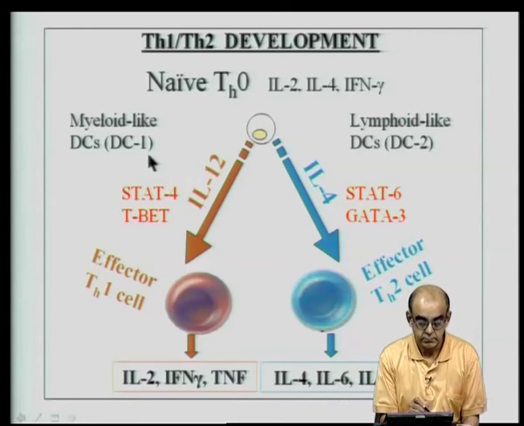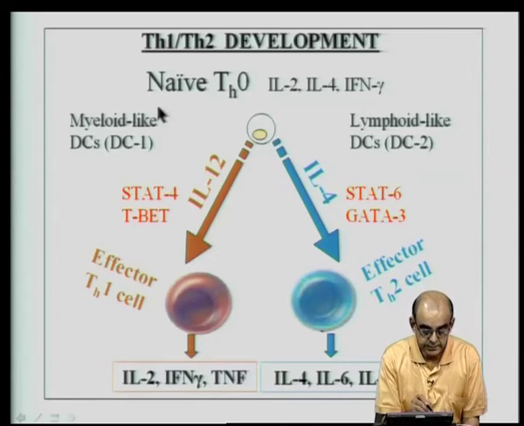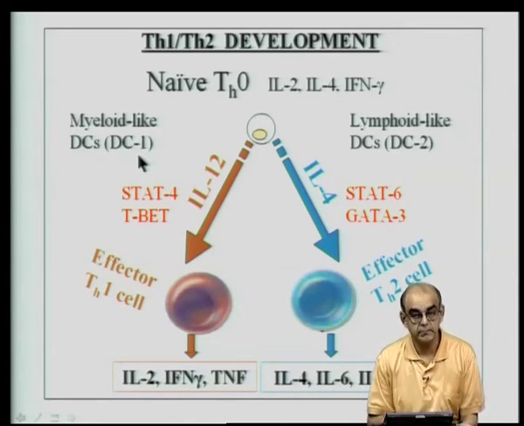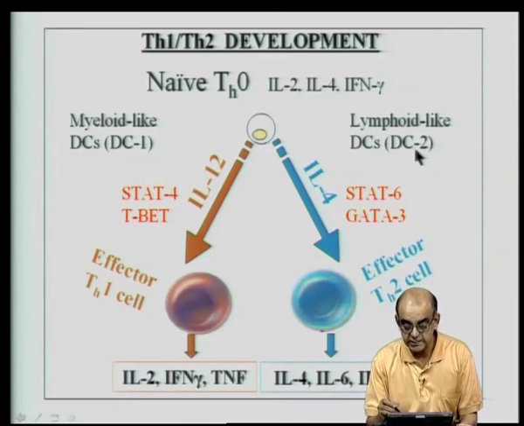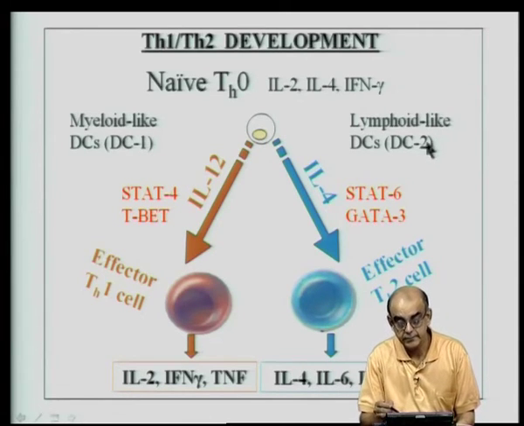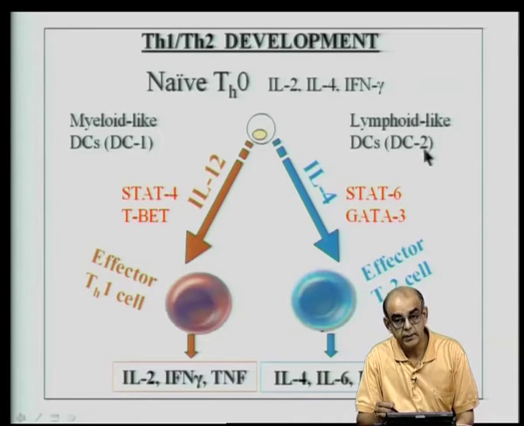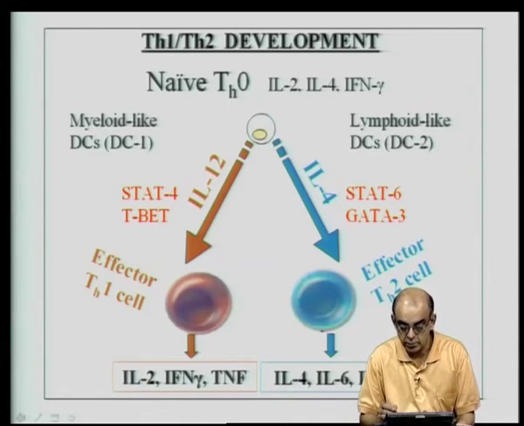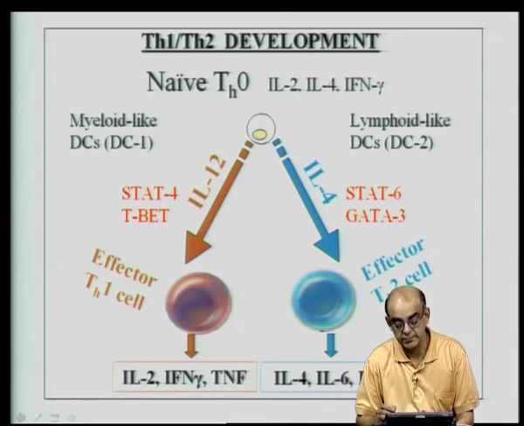This is facilitated by antigen presenting cells which are myeloid-like, called DC1, as opposed to DC2, which are lymphoid-like, but they influence or help in the differentiation of Th0 to form effector Th2 cell types.